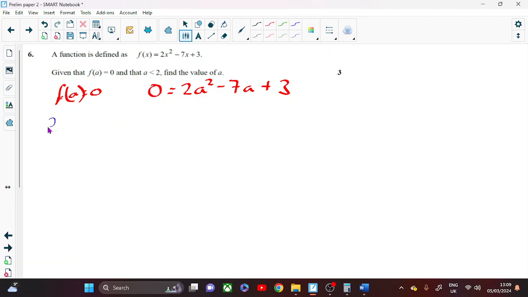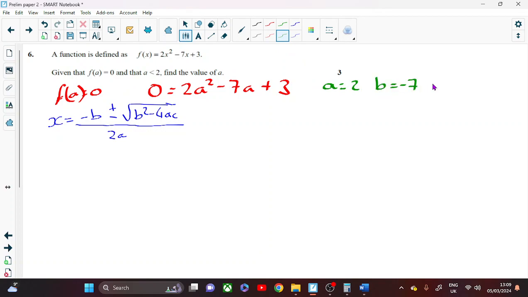The formula states x equals minus b plus or minus the square root of b squared minus 4ac all over 2a. Okay, so if we plug in the numbers we've got, our a is 2, our b is minus 7, and our c is 3.